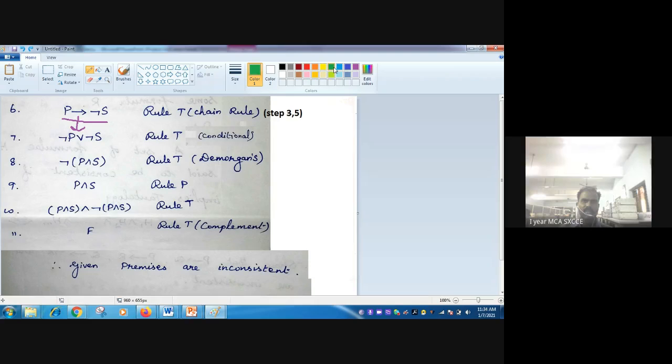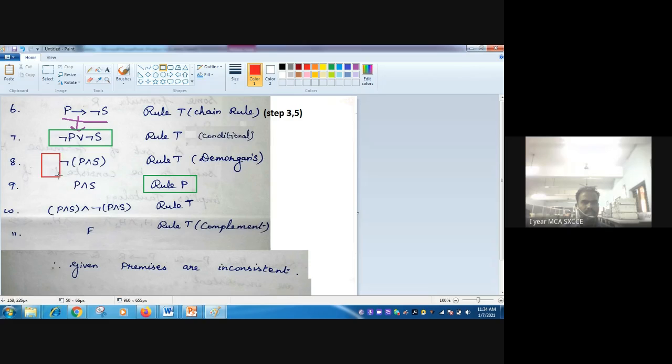So when you are applying De Morgan's law, what will you get? Negation P cup negation S: the negation can be taken out as common, and this cup becomes cap. Then once again we have rule P. From where did we get this rule P? Because it is the given premise. Then rule T. Note this point.